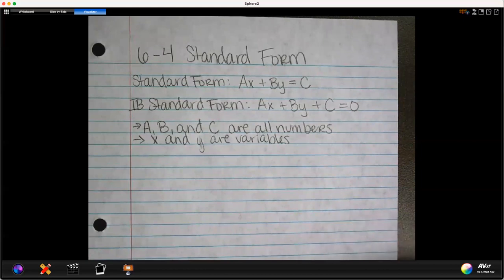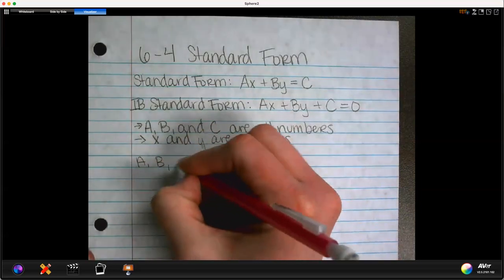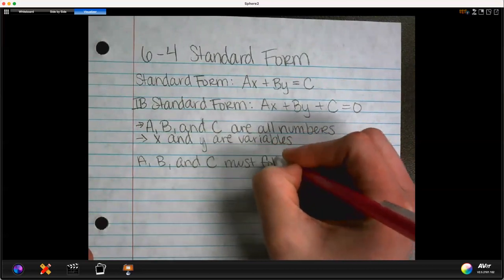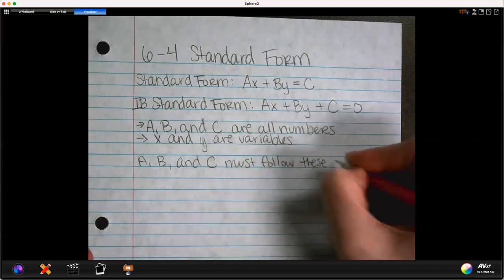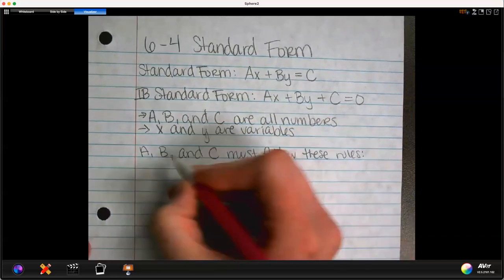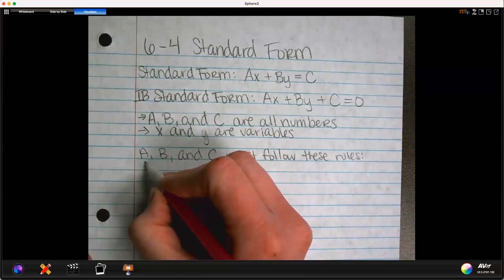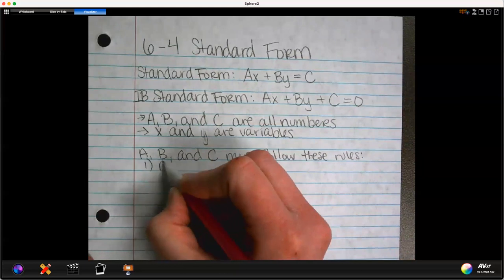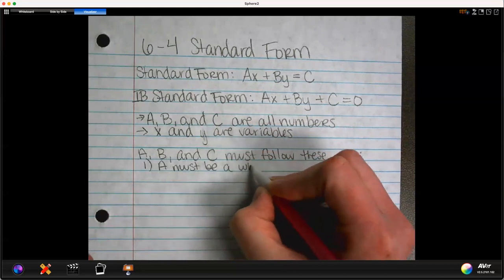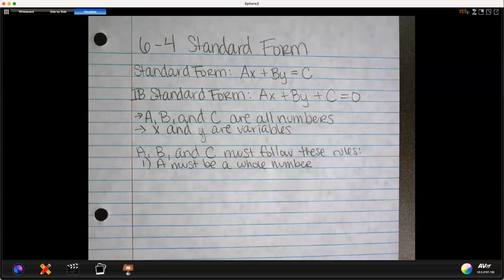Okay, now there are some rules to follow for A, B, and C. A, B, and C must follow these rules. And there's only 2 rules. Rule number 1 is that A must be a whole number.